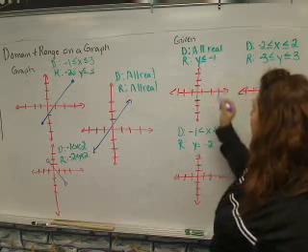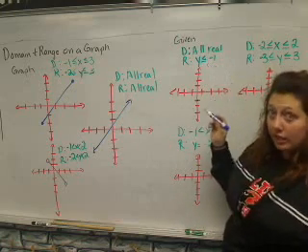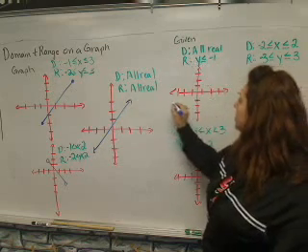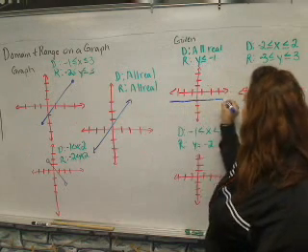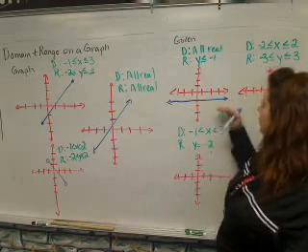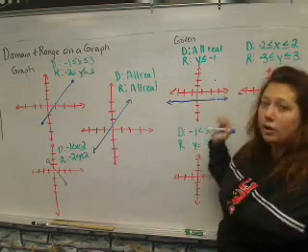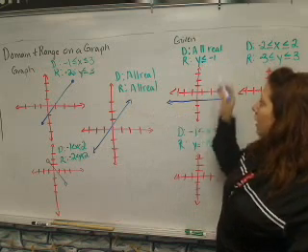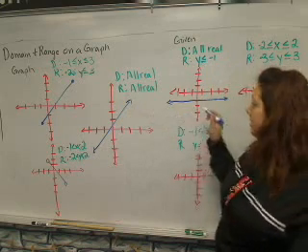Okay, so if it's less than or equal to -1, can it be -1? Absolutely. And my domain is all real numbers, so you can draw a line that looks like this. Is my domain all real numbers? Does it go forever left and right? Absolutely. And is my y less than or equal to -1? Yes.